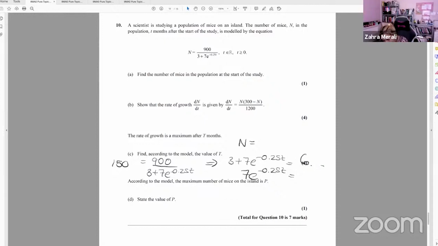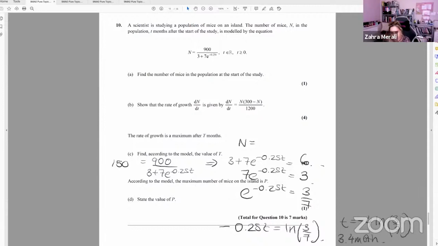So 6 minus 3 is going to be 3. e to the minus 0.25t equals 3/7. Okay, this makes a lot more sense. And then minus 0.25t equals ln of 3/7. And then if you divide by minus a quarter, it's the same as multiplying by minus 4. So t equals minus 4 ln of 3/7. You plug that into your calculator and you get 3.4 months. God, I hope that makes sense.